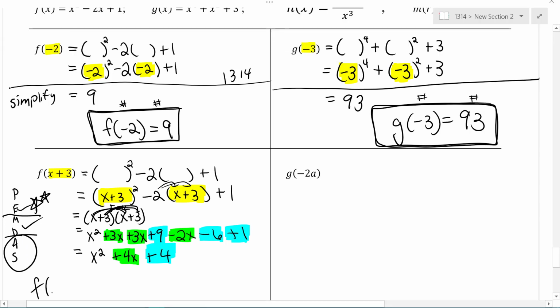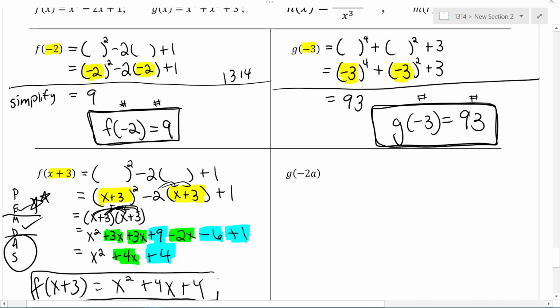Okay, so our final answer here will be f of x plus 3 is equal to x squared plus 4x plus 4. Nothing else that you would need to do. We just wanted to plug in that x plus 3. That's where the college algebra ends, but then we want to practice that pre-algebra skill of being able to simplify using order of operations.